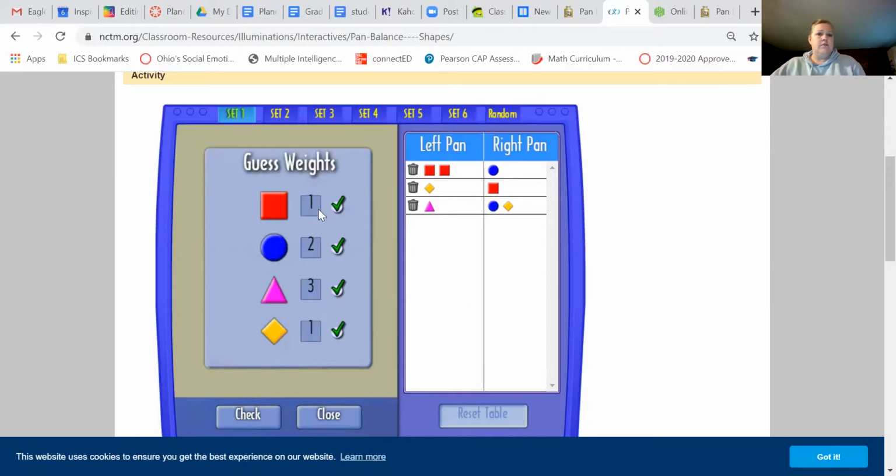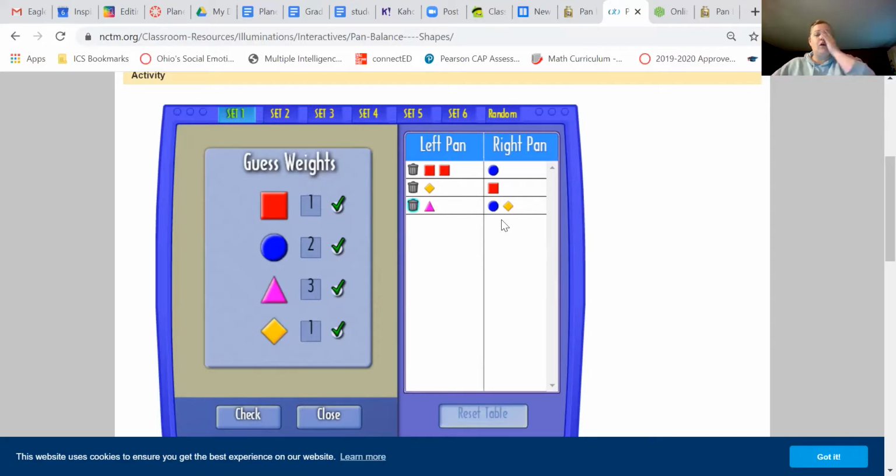No, this is the heaviest, and it is equal to your rhombus or diamond. No, these are the lightest. Lightest, middle, because only one of these, it takes 2 of these. And then this one's the heaviest because it takes 1 of these and 1 of these. So you guess them from lightest to heaviest.